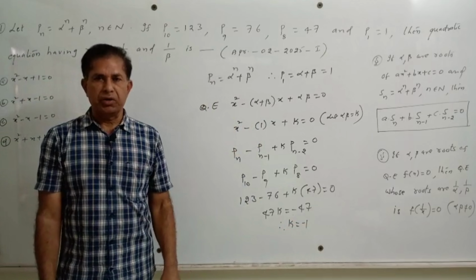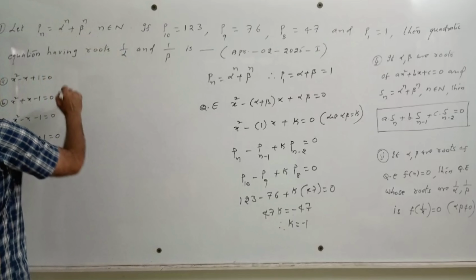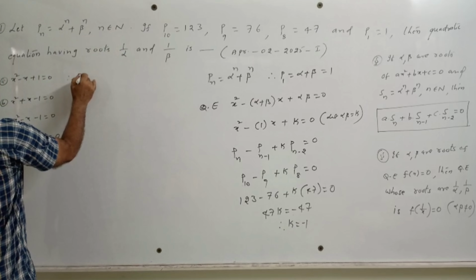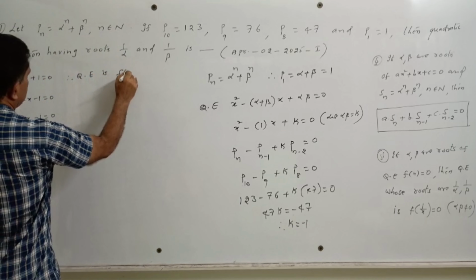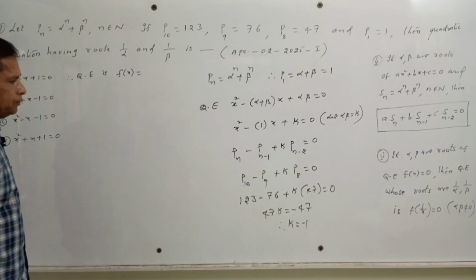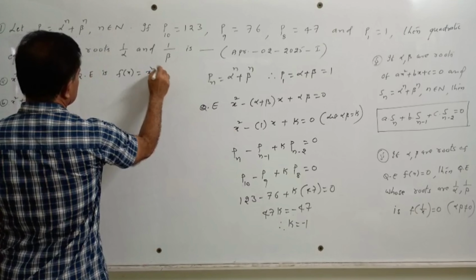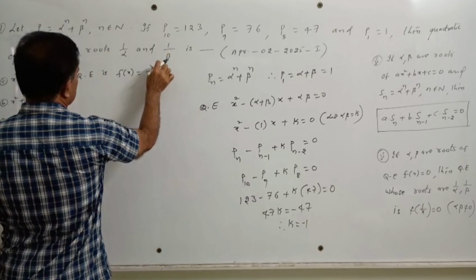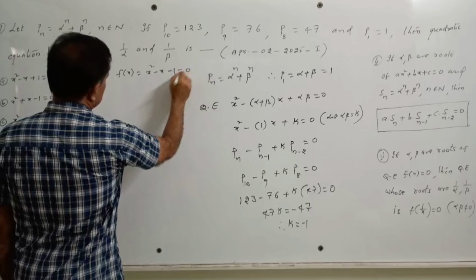So the constant term in the quadratic equation was calculated. Therefore, what is the quadratic equation now? Quadratic equation f of x is equal to x square minus x, constant term is minus 1, is equal to 0.